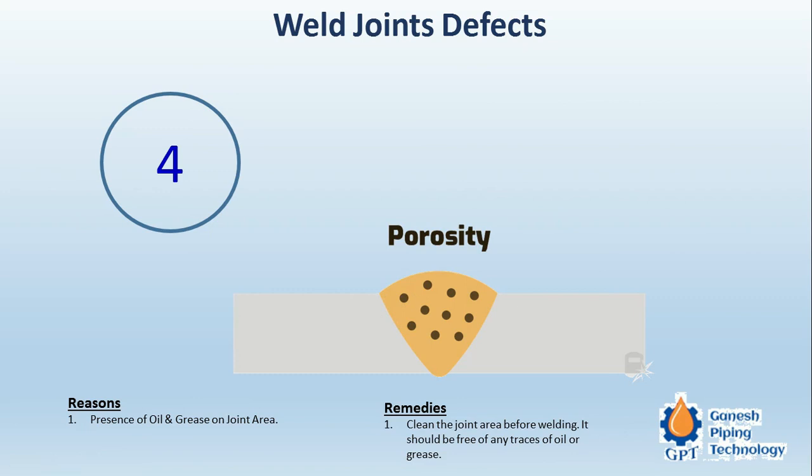When there is an oily or greasy substance on which we go with the welding, then definitely some gases will be produced, and they will be stuck inside the molten metal like these gas bubbles. So this is called porosity, and it's a bad quality weld.